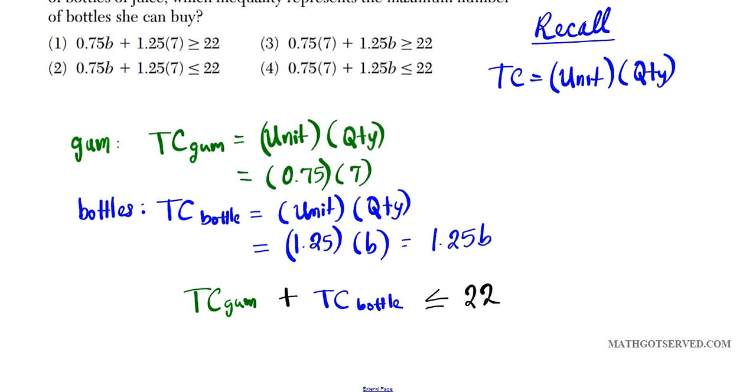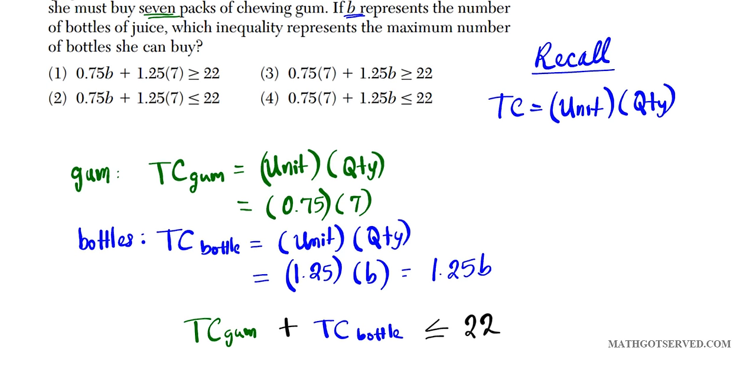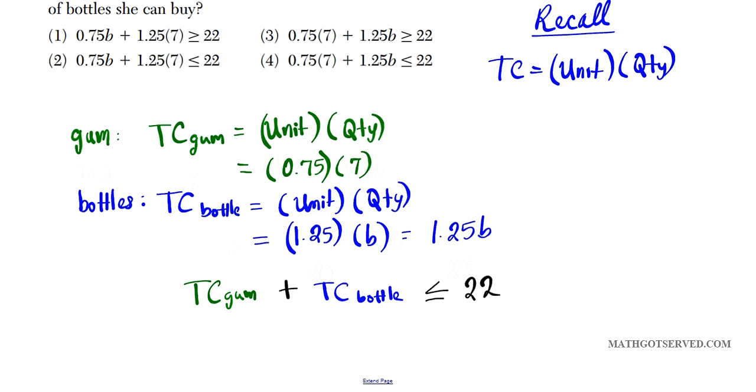Okay, you can't spend the money you don't have buying stuff. You can only spend the money you have. Since she has only $22, she can't exceed this limit. Okay, so all we just do is plug in these values into this inequality and we will be done. Okay, so the total cost for gum is 0.75, the unit price, times the quantity of 7.